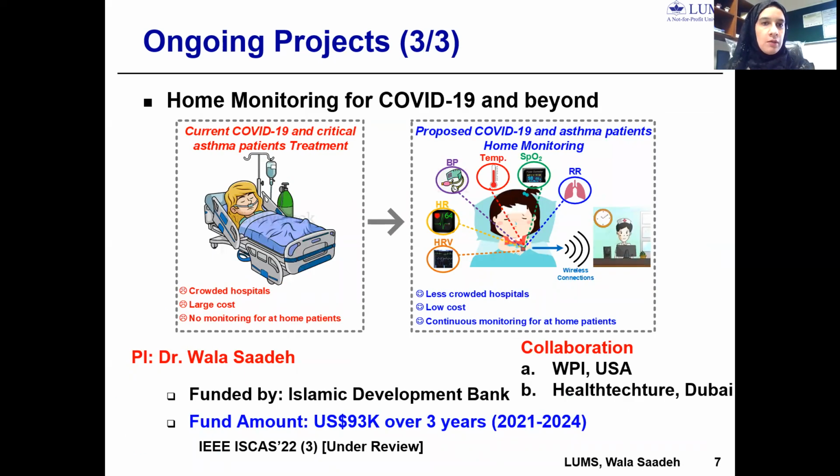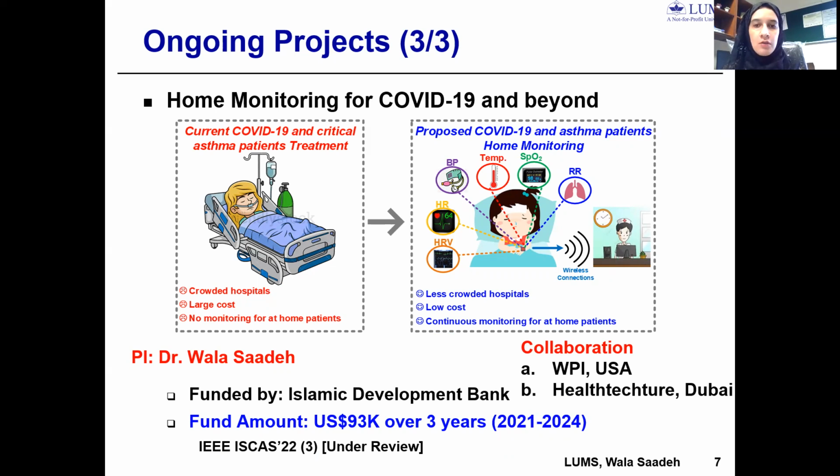Another project I am currently working on is home monitoring for COVID patients and beyond. During the pandemic, most of the patients who required treatment were in the hospital. But the ones who were at home did not have a proper means for monitoring their symptoms, how they are progressing, and when they should go to the hospital.